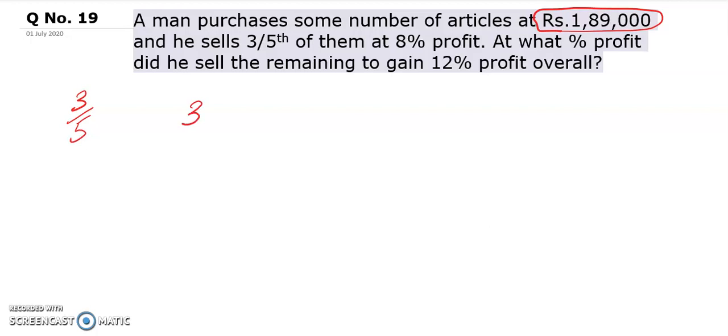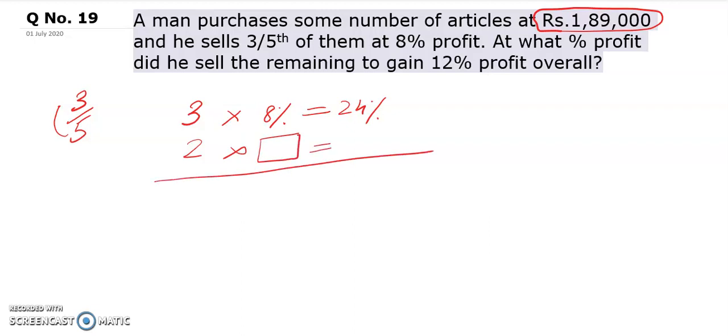So 3 parts out of 5 are sold at 8% profit. So 3 into 8 will give us 24%. The remaining part is 5 minus 3, which is 2. We need to find out this second part is sold at what profit percent.